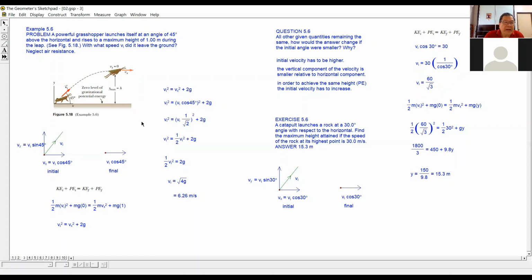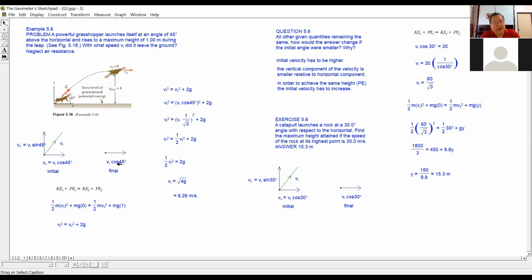We're going to apply the conservation of energy on the vertical component because the vertical component is changing. The horizontal component is not changing, so it remains the same. It is conserved anyway, because there's no air resistance.